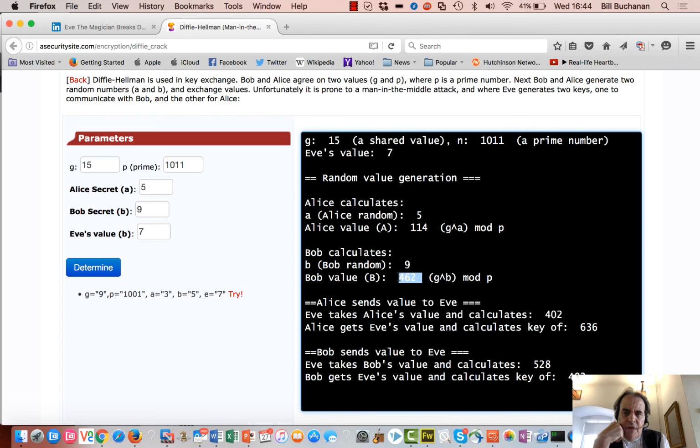Bob will generate this value because he uses 9. Now Eve takes Alice's value and does a calculation, 402. So this is the key that Bob and Alice and Eve have, and on the other side it's the same.